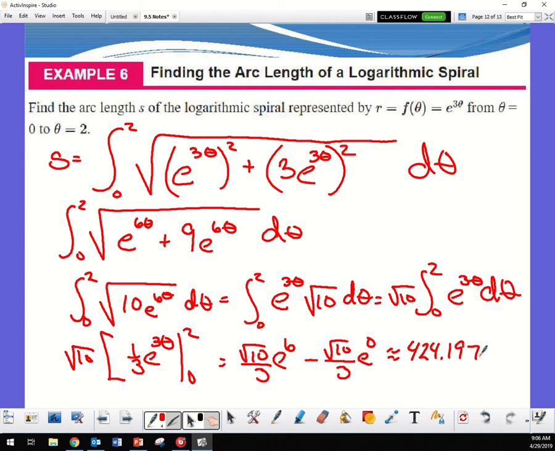Wait, let's put in the integration. That seems legit. That's right.